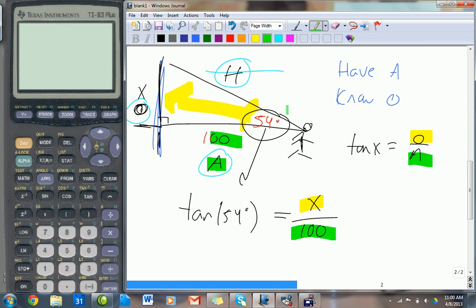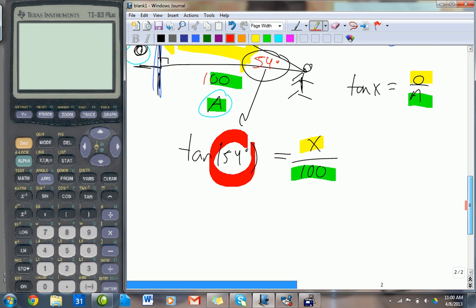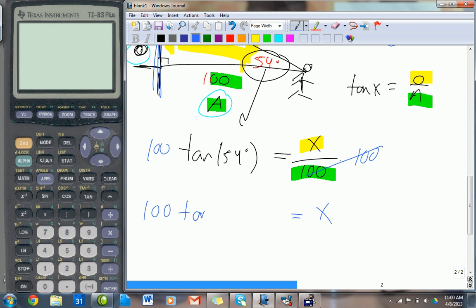Now, algebraically, in order to solve for x, I'm just going to multiply both sides by 100. So x ends up being 100 times the tangent of 54 degrees.